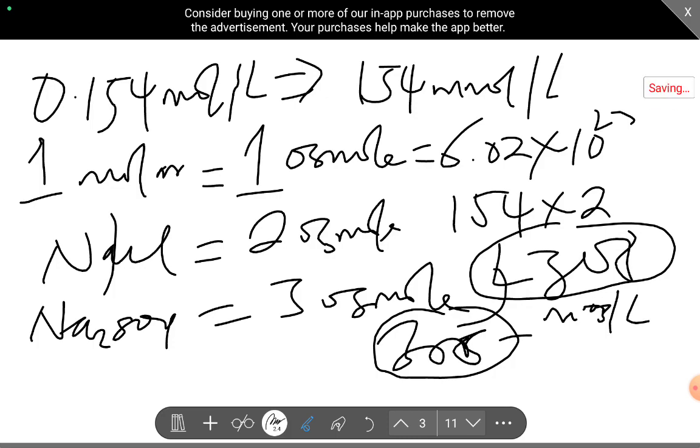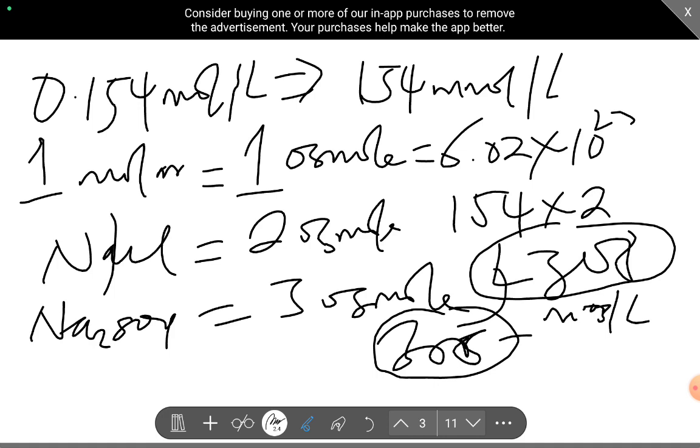That is why you define osmosis as the movement of water across a selectively permeable membrane from a compartment of higher water concentration to a compartment of lower water concentration. Or, in terms of solute, it is the movement of water across a selectively permeable membrane from an area of lower solute concentration, where there's higher water concentration, to an area of higher solute concentration.